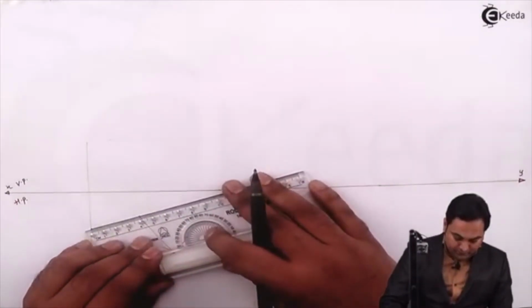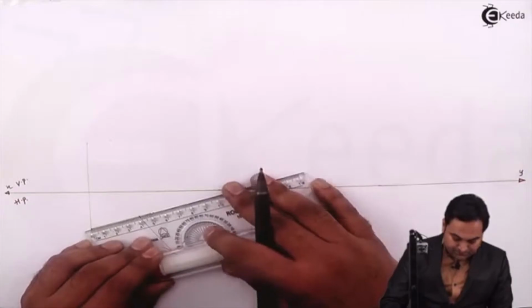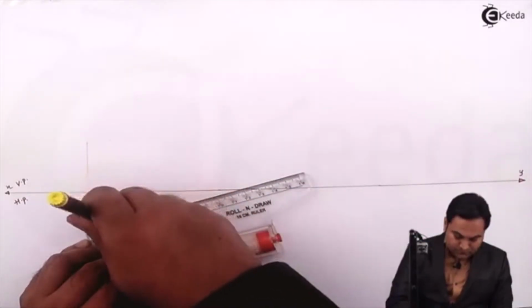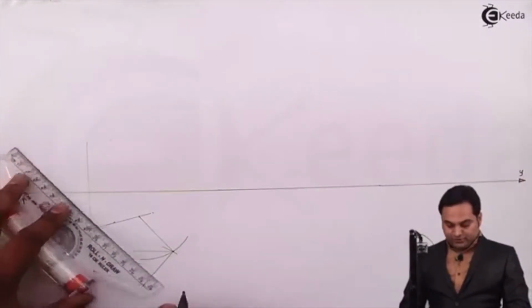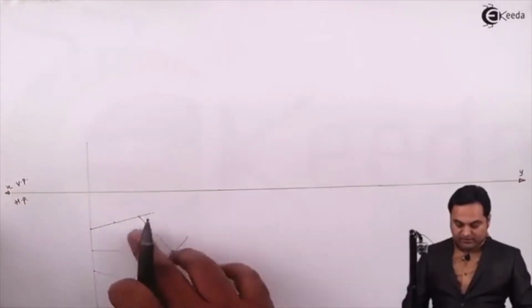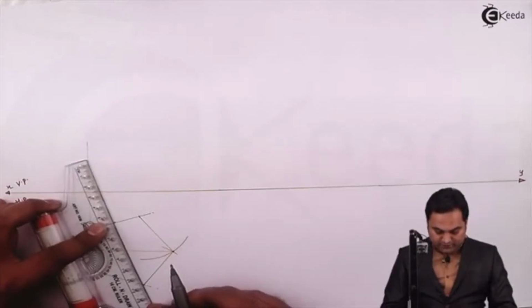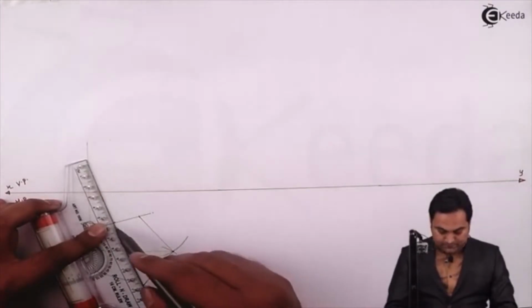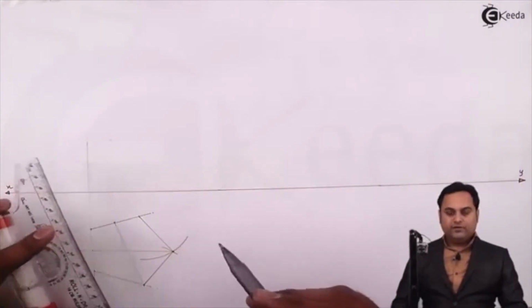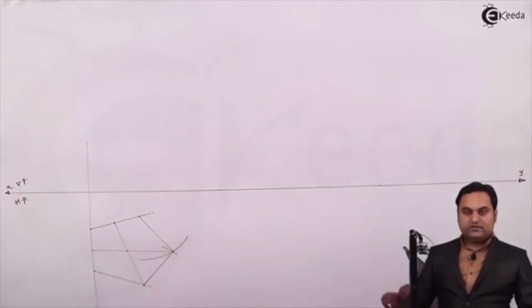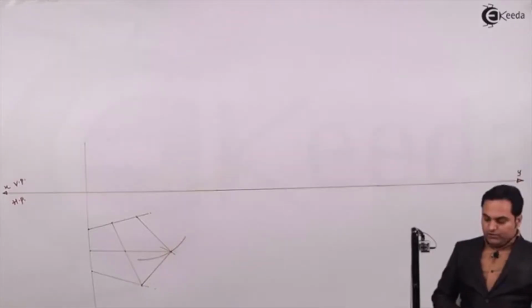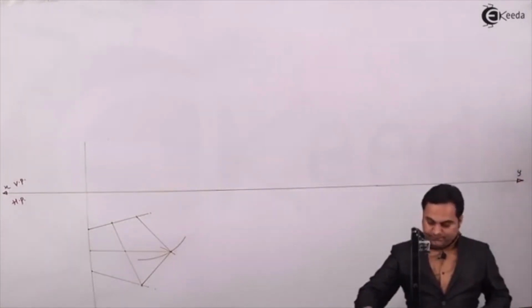Like if I take the midpoint of this side, joining it to its opposite corner. So here we have an edge, its opposite corner is here. So where they intersect, that is going to give me a point here, and this is the apex.